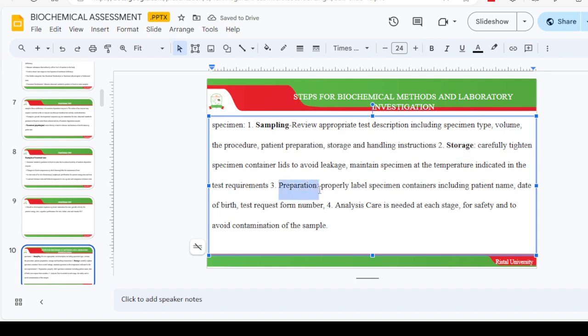Third is the preparation, and then fourth is the analysis part of it.